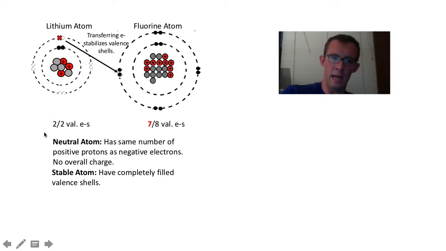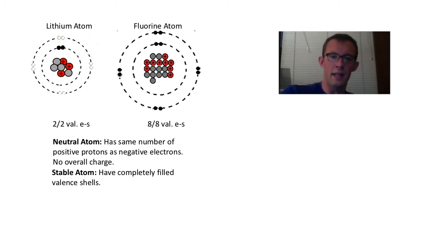The lithium atom's new valence shell is its old core shell. This first shell is now its outermost shell, and that has 2 valence electrons out of 2 possible. It's completely filled. And the fluorine atom now has 8 out of 8 valence electrons instead of 7.